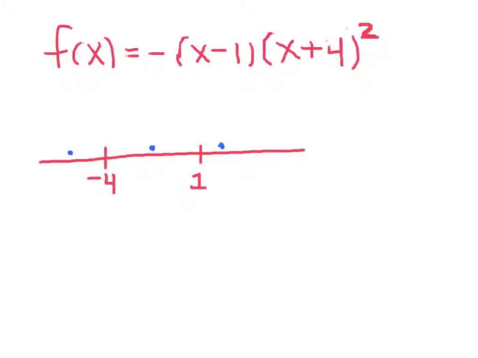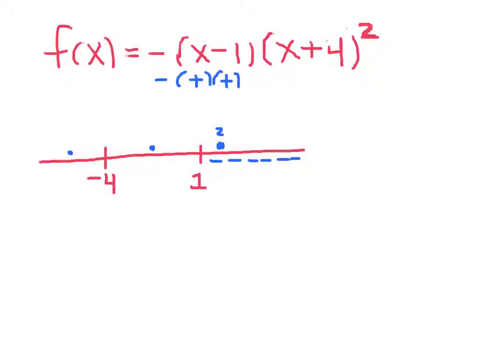So if I put 2 into this equation, I'll have this dot represent 2. This would be a negative times a positive times a positive. And so everything out this way would come out negatives because a negative times 2 positives is a negative.